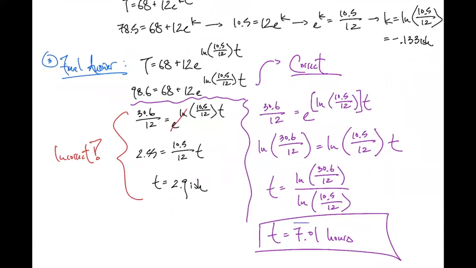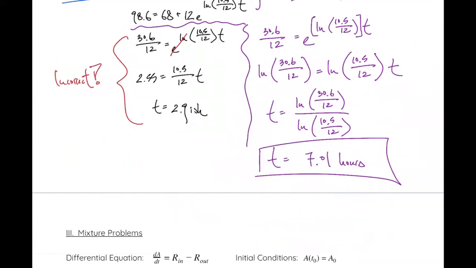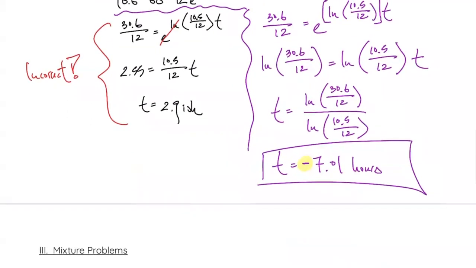So I'm going to go ahead and scooch this over because that negative value, I think, makes it much more clear why we're counting backwards in time. Okay, and that was something someone had pointed out to me. Shouldn't we end up with a negative value? And whoever said that, you are absolutely correct, because what that means is that 7 hours before the body was found, that's when it was last at 98.6 degrees Fahrenheit.